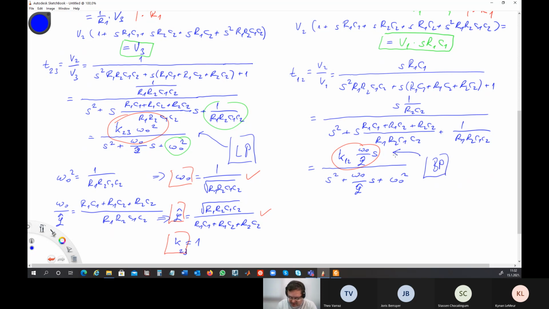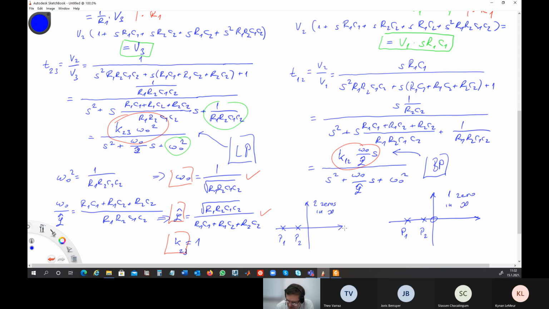Okay, and where are the poles? On the low pass network, we have two real and negative poles on the real axis, and then we have two zeros at infinity. Here we have two negative and real poles, and we have only 1 zero at the origin and 1 zero at infinity.